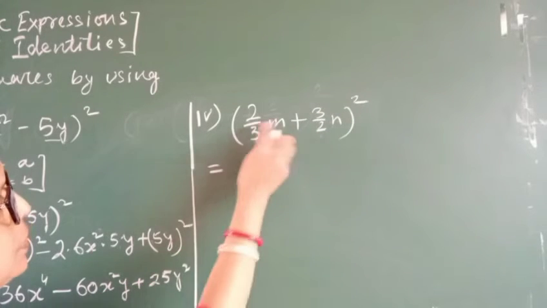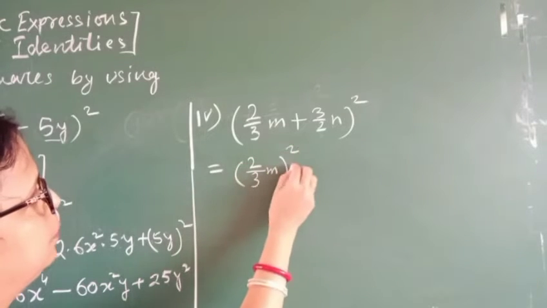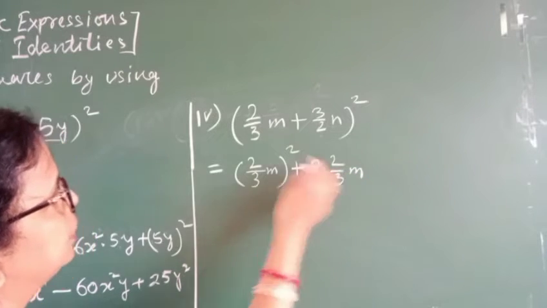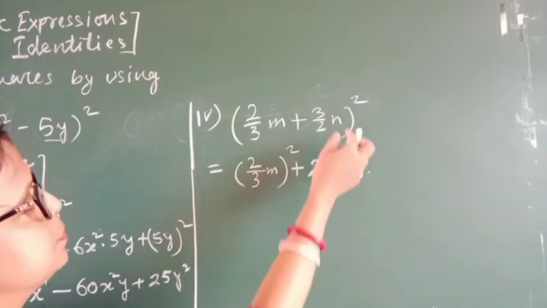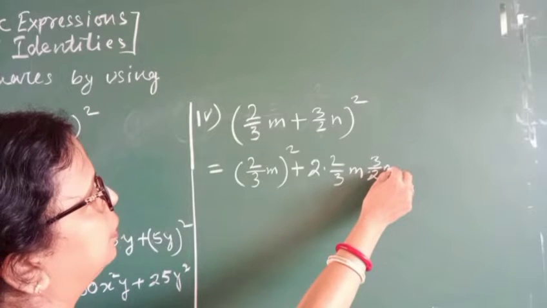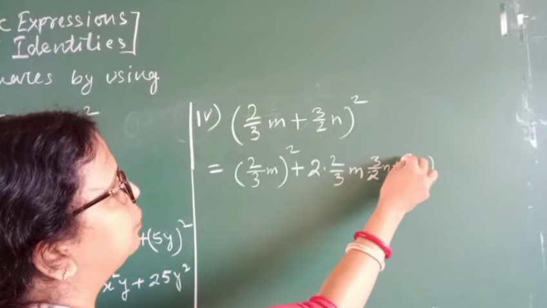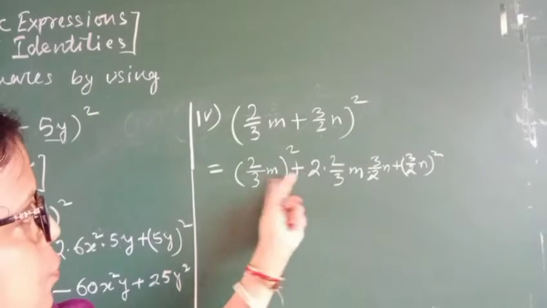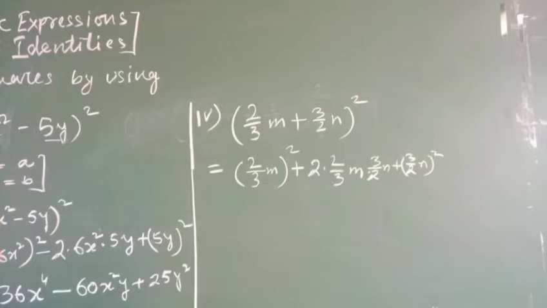So 2 by 3m whole square plus 2 into 2 by 3m, this we are considering as a and this one we are considering as b, 2ab, plus 3 by 2n whole square. a square plus 2 into a into b plus b square.